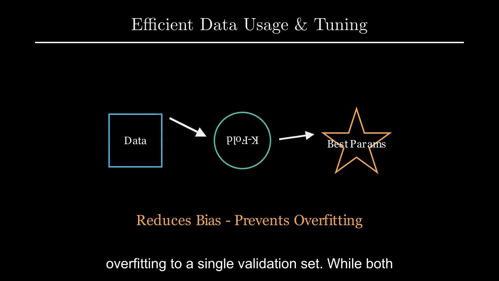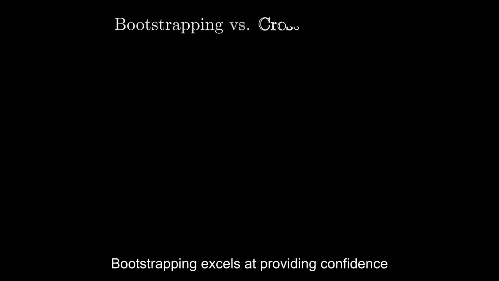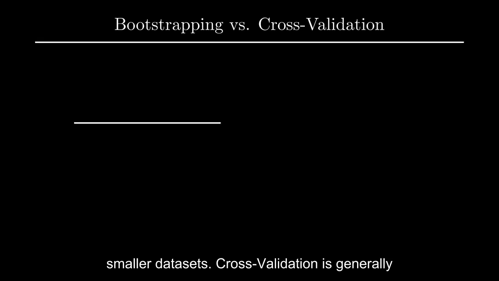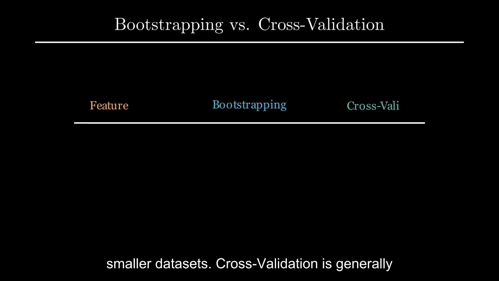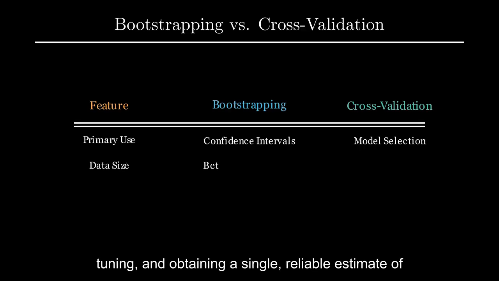While both bootstrapping and cross-validation enhance robustness, they serve slightly different purposes. Bootstrapping excels at providing confidence intervals for performance metrics and handling smaller datasets. Cross-validation is generally preferred for model selection, hyperparameter tuning, and obtaining a single, reliable estimate of generalization error.